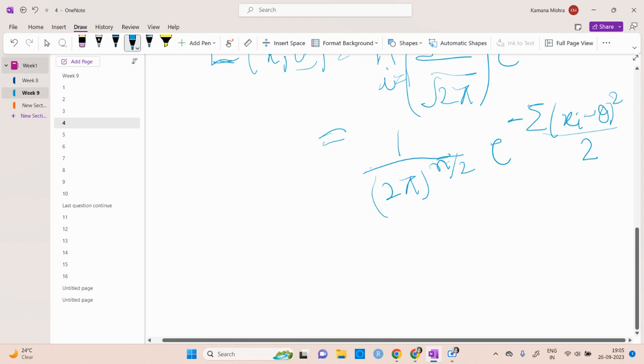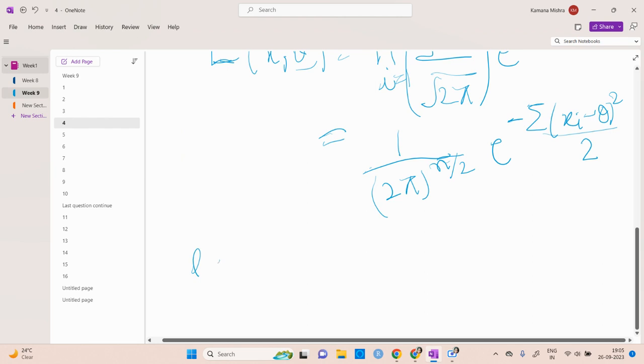Okay, then we find the log and represent it as a small l.